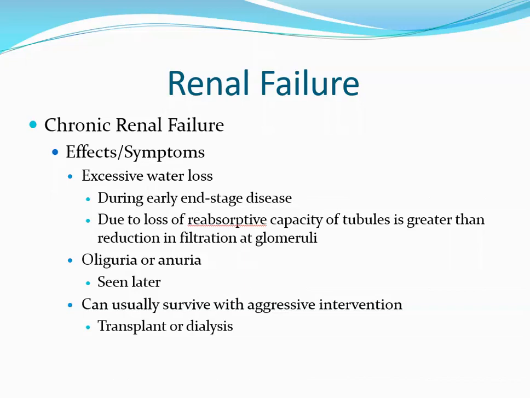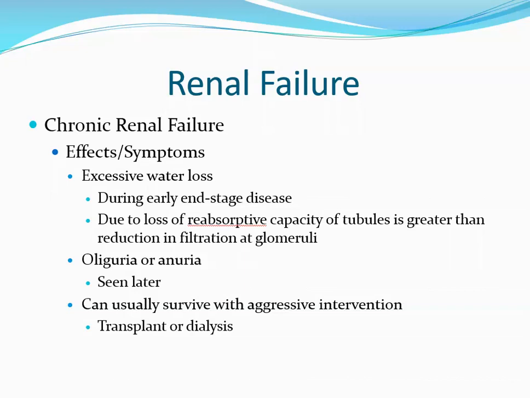Now here in chronic renal failure, the glomerular filtration rate has fallen to 90%. So instead of filtering 180 liters, we are only filtering 18 liters a day. But the tubules can only reabsorb 50% of that instead of the usual 99%.